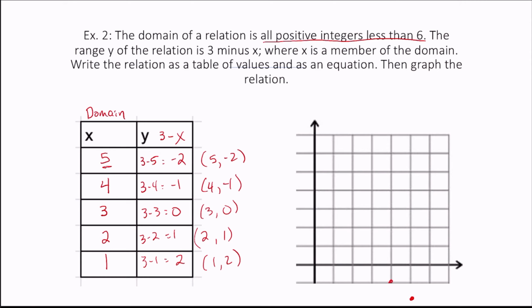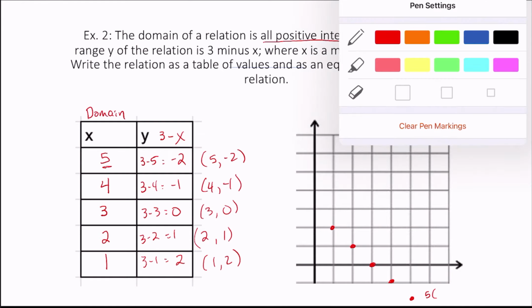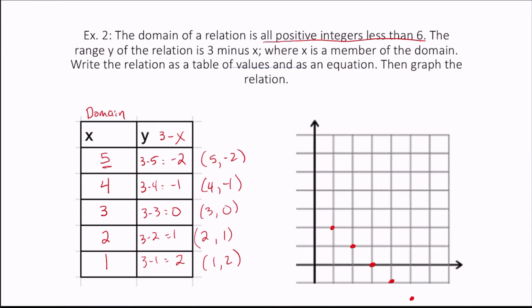We've got a point that's 4, -1, 3, 0, 2, 1, and 1, 2. So this is 5, -2, and 4, -1, and 3, 0, and 2, 1, and 1, 2.